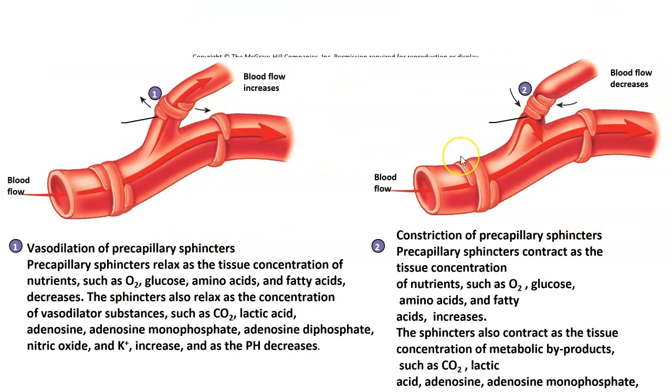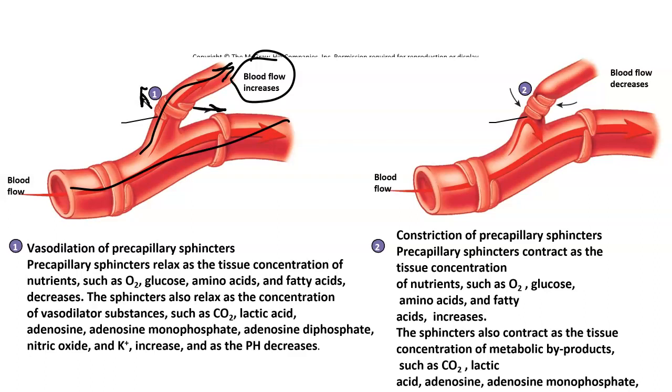So this is what this PowerPoint is depicting. On the left-hand side, we have a tissue in which the precapillary sphincters are dilating, and you know that by the arrows going outward and noting that the blood flow is going to increase to the tissue. So you can see blood flow coming from an arteriole into the capillary is going to increase.